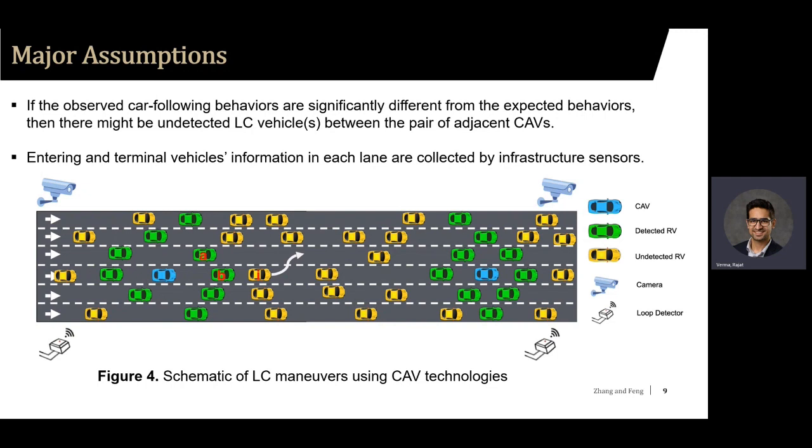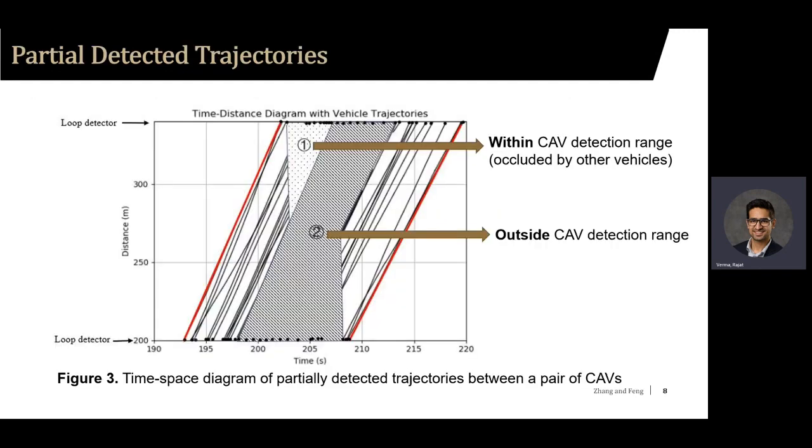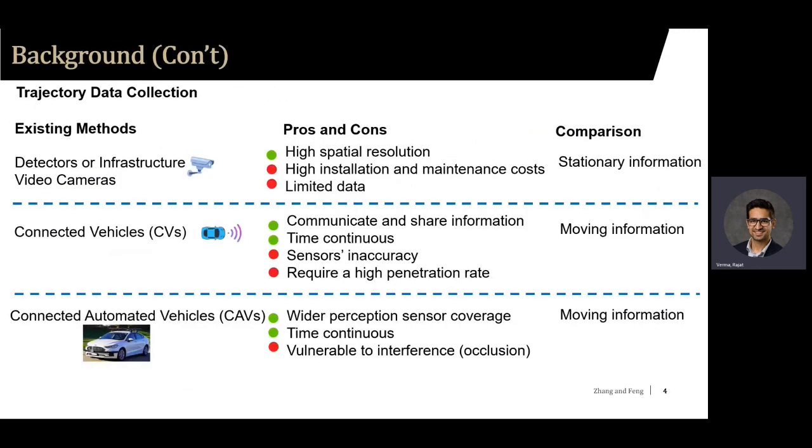First, we need to reduce the penetration rate of the moving probe vehicles. As you can see, if we use the CVs here, we require a very high penetration rate. So that is the first reason.